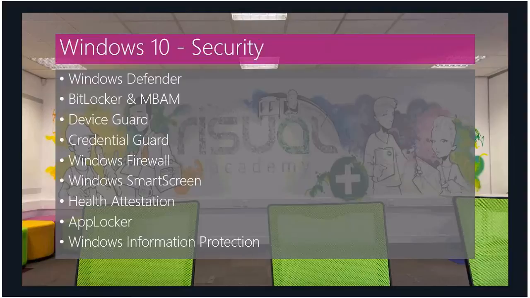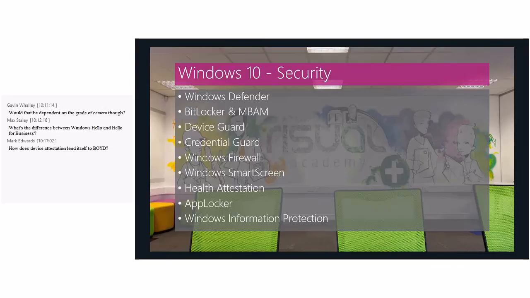So Device Guard gives you that functionality to set up trusted, signed applications, so the machine would only run those applications, which again gives you that separation and an extra level of security.